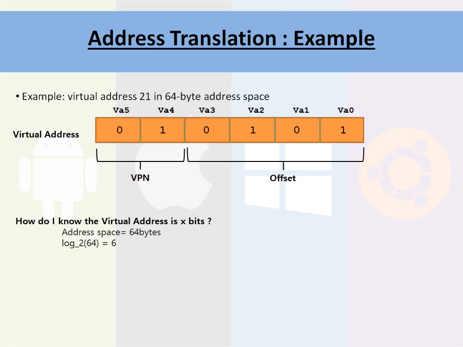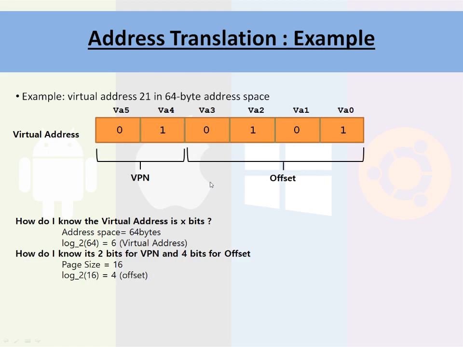So if you take the value 63, counting from 0 to 63, which gives us 64 different addresses, and we convert that to binary, you'll get 111111, our maximum address with 6 bits. Okay, so that's how I know that this was 6 bits. This is how I know that the 21 needs to be converted to an address of length 6 bits.